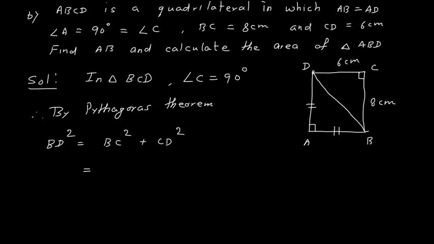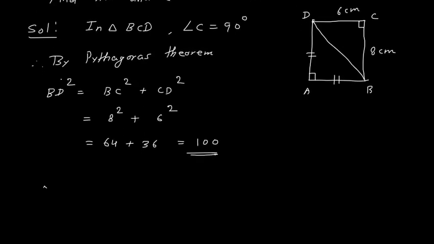So the value of BC is 8, so this is 8 square plus value of CD is 6, so this is 6 square. Now 8 square is 64. 6 square is 36. So this we get 100. BD square is 100. Therefore, value of BD is square root of 100. That will give me 10. So value of BD is 10.